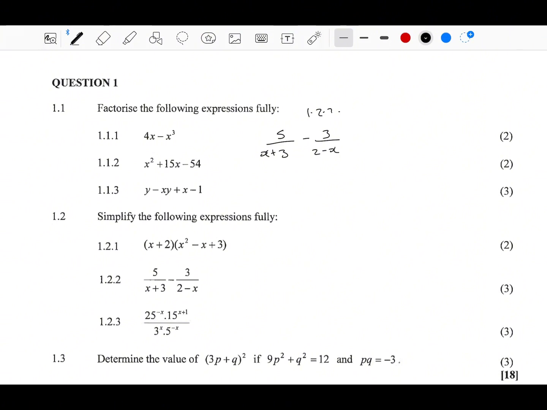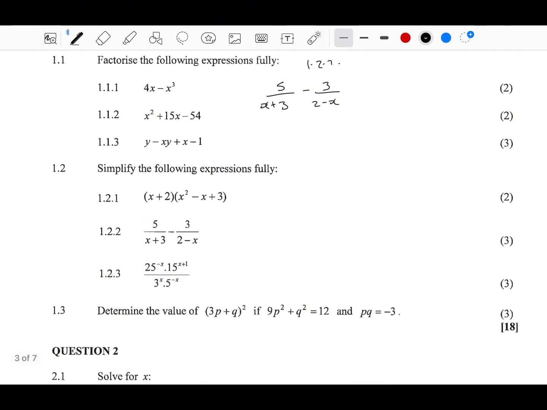I'm happy to repeat any question that you want me to do again. I'm happy to give more details. I'm here for you. All right, so it's me and you, so let's do it together and let's pass this paper together.